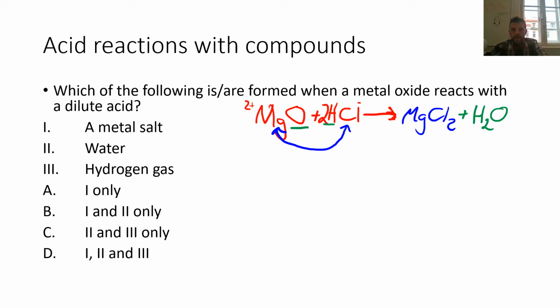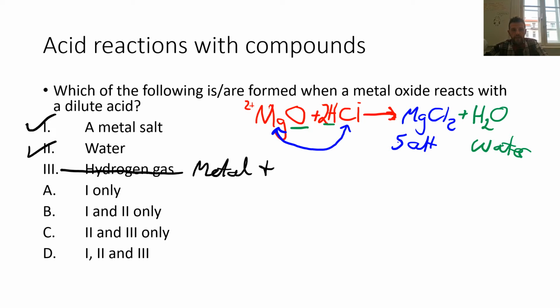Remember, a metal and a non-metal, an ionic compound is a salt. And this is water. So in summation, I get this, and not hydrogen gas. This is when you have a metal and acid. This is a metal oxide, so this is not going to be right. So I'm left with 1 and 2 only.